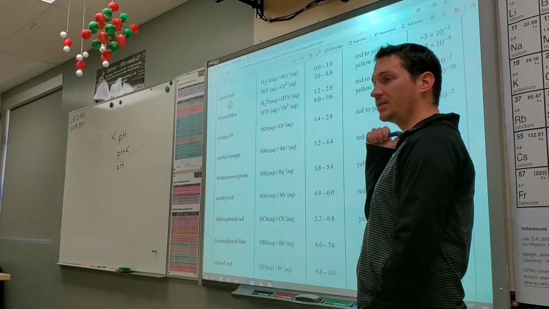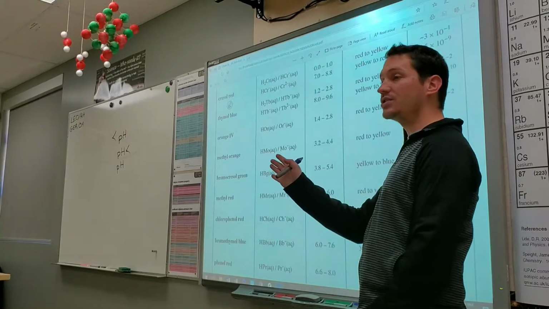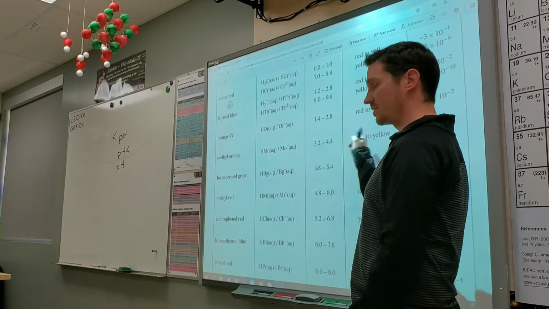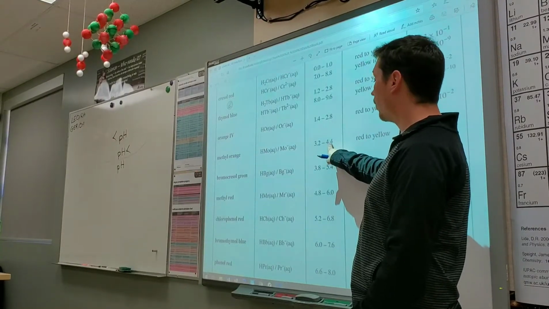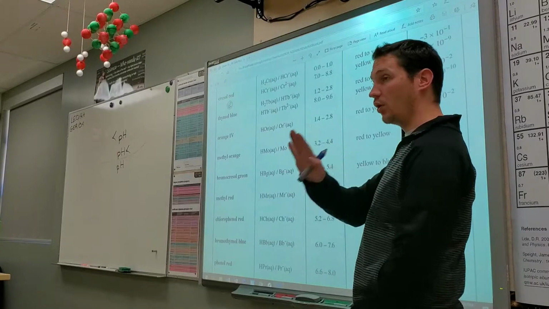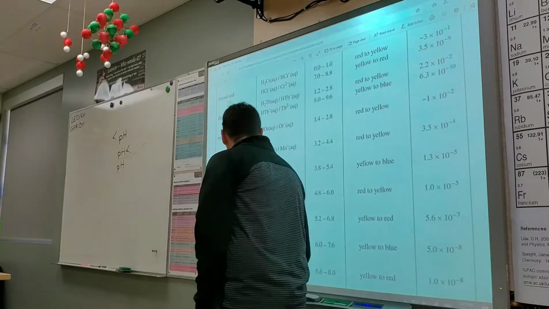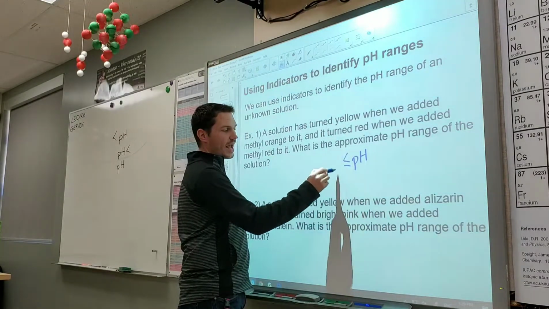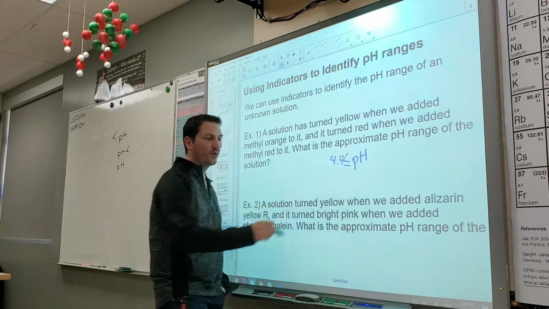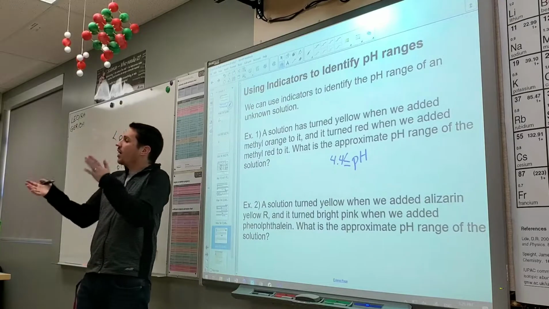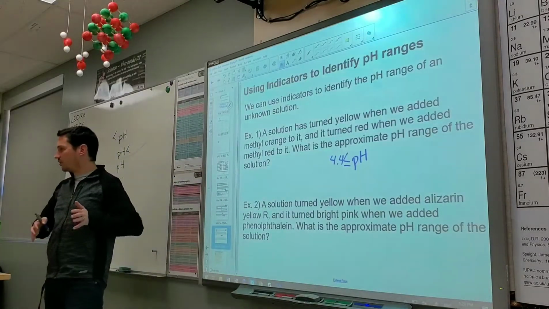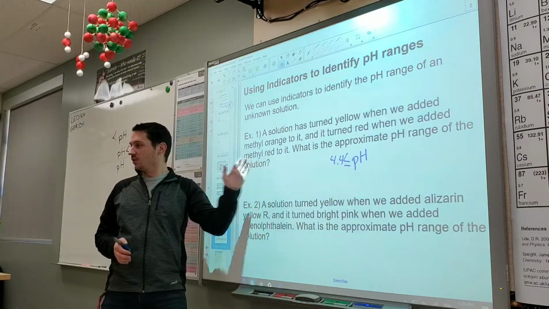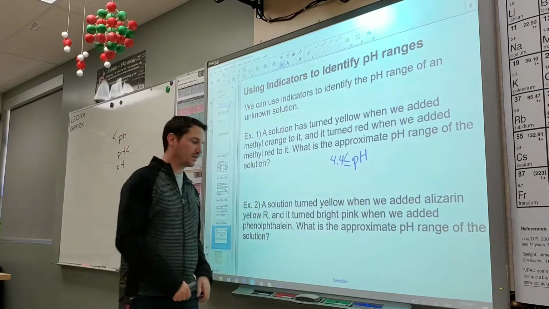Anything higher than that, right? So what's the lowest pH we could possibly get from this combination? 4.4 is the lowest we could possibly get. So let's say our pH has to be 4.4 or greater. That's our lower boundary for our pH. Do you agree it can't go any less than this, or else it wouldn't have been yellow for that indicator?